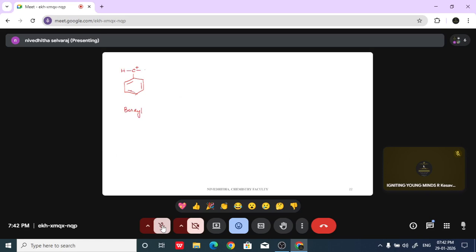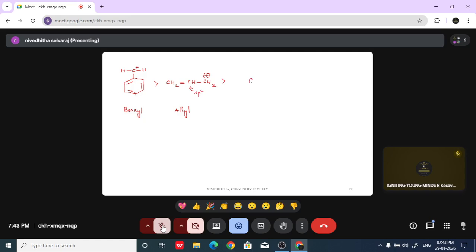If all the three hydrogens were replaced with benzene, then that is even more stable. Next is allyl carbocation, which is CH2 double bond CH, single bond CH2 plus. Positively charged carbon is attached with sp2 hybridized carbon. So this is allyl carbocation.